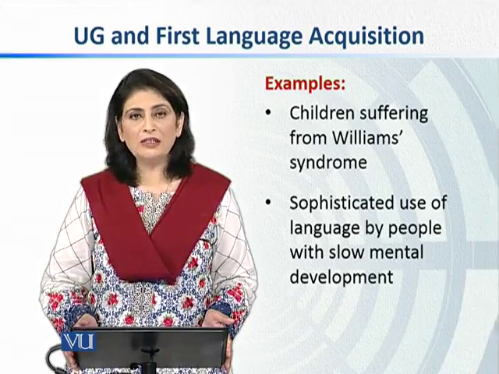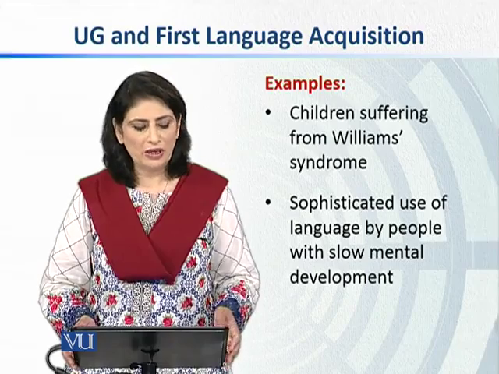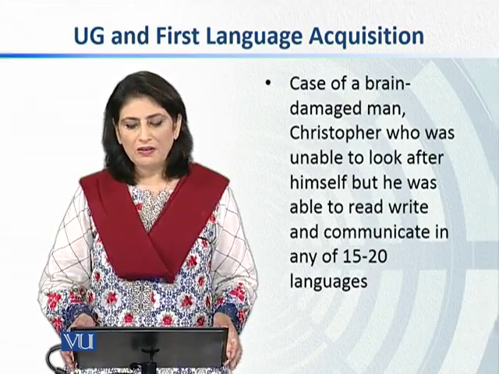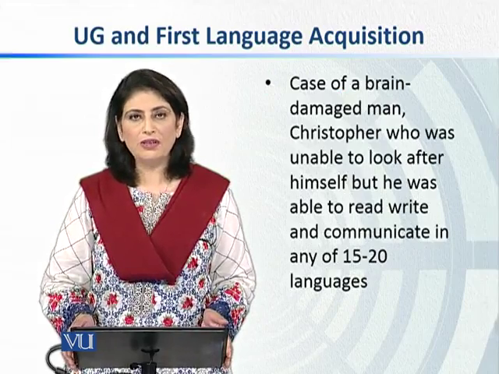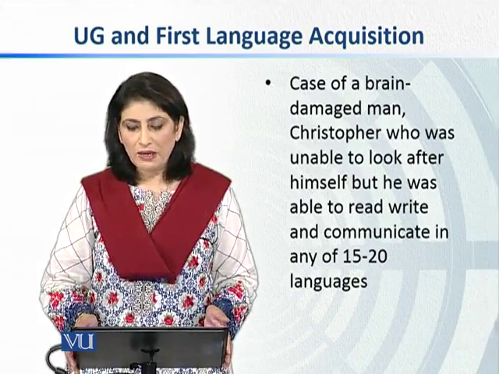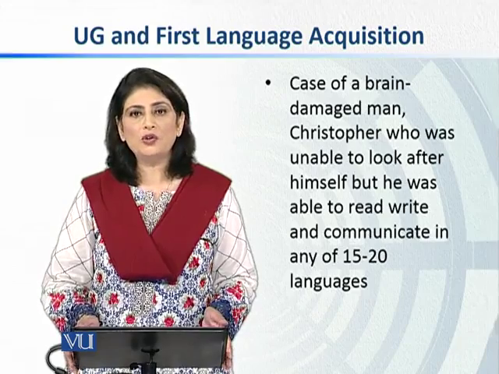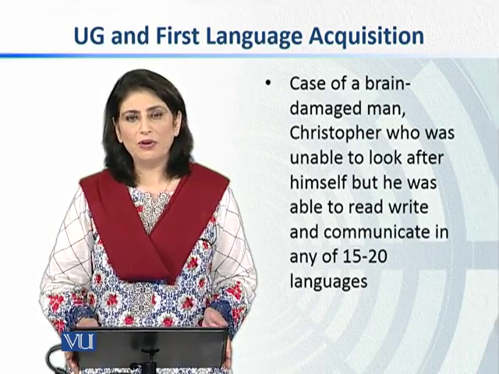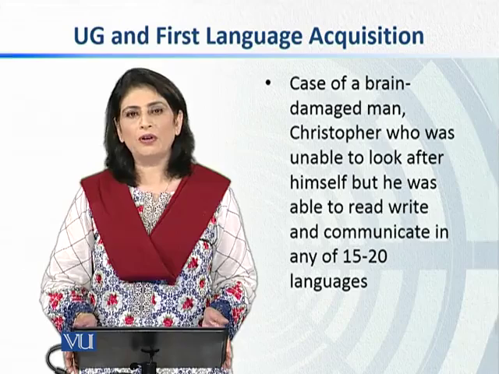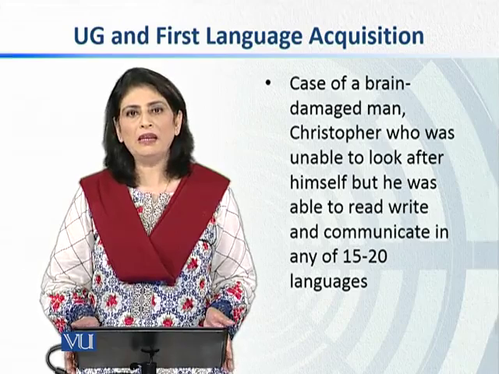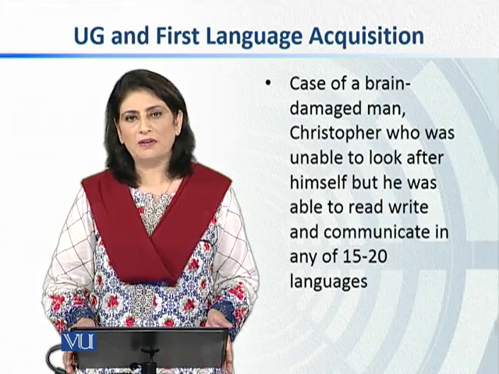However, their mental development remains slow in other areas. Similarly, there is this research related to, for instance, Christopher, who could speak and write 15 to 20 languages with varying degrees of proficiency. However, he could not take care of himself because he was mentally retarded in other aspects.